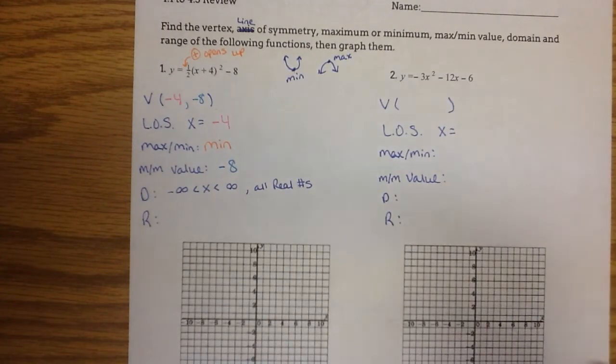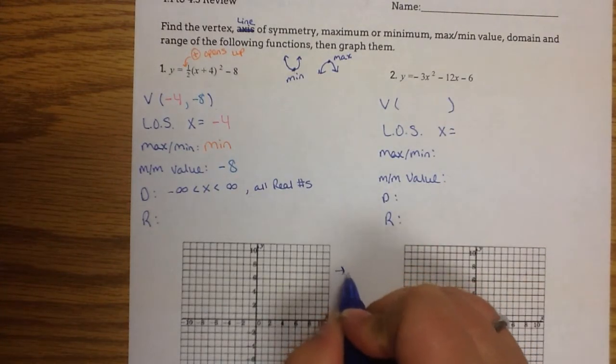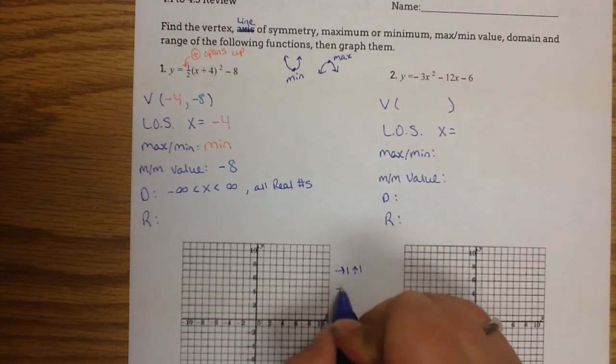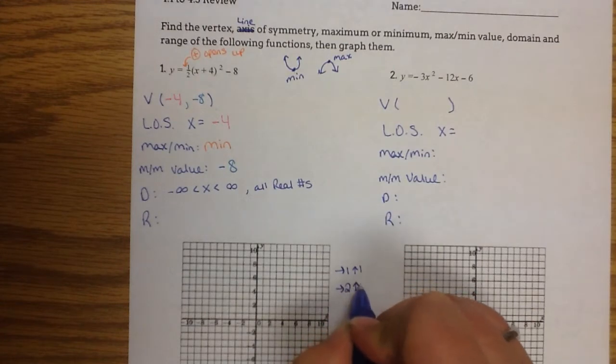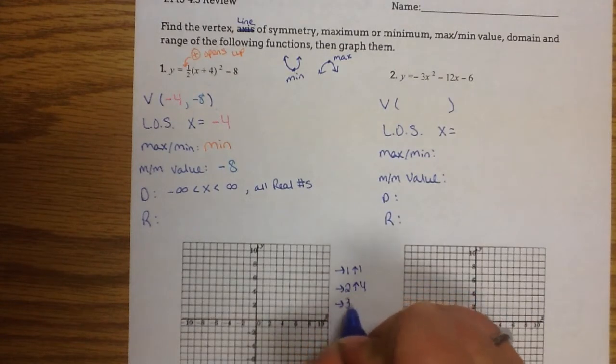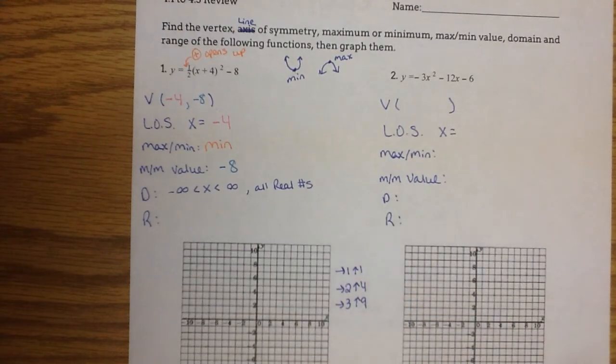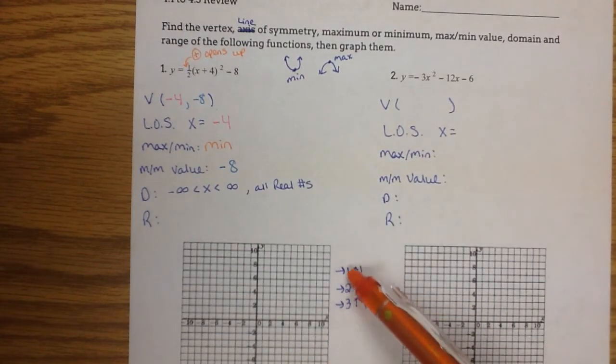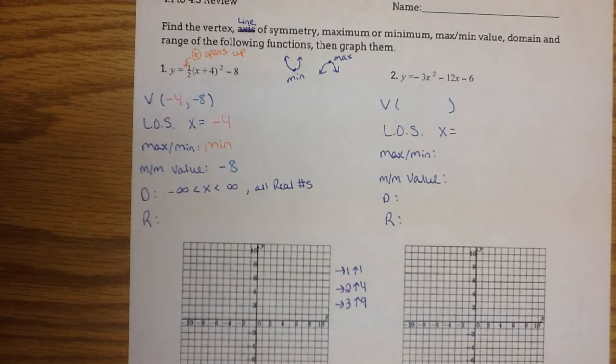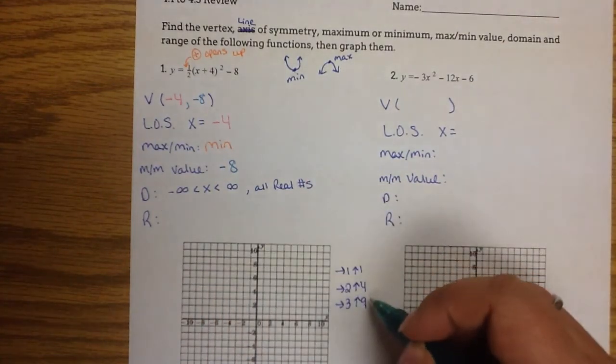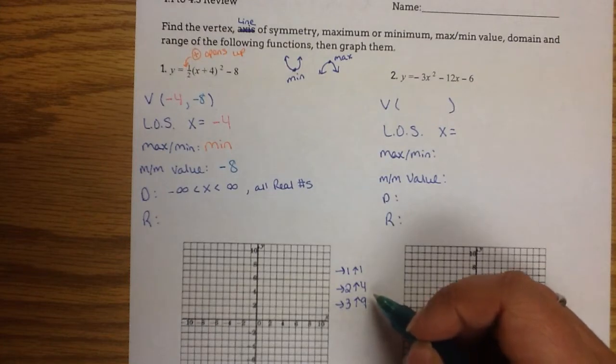Okay, now when I have a parabola, my pattern for growing is right 1, up 1, right 2, up 4, right 3, up 9, and my mirror points. So left, left, left, and those stay up. Now I need to figure out if it opens, oh, I know it opens up, that's why I drew my arrows up, but I need to find out if I have a vertical stretch or vertical compression.